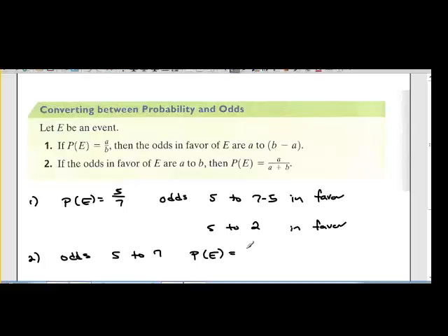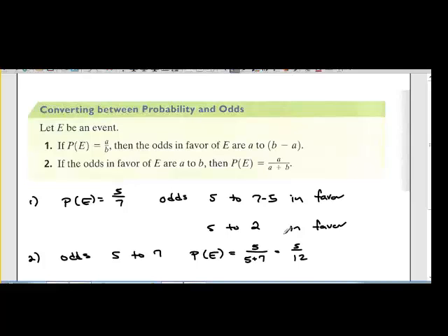What you do is you take 5, which is the favorable outcomes, and divide by the number of favorable outcomes plus the number of unfavorable outcomes, which is the total number of outcomes, and so you would get 5/12. So the odds 5 to 7 is the same as the probability of 5 over 12.